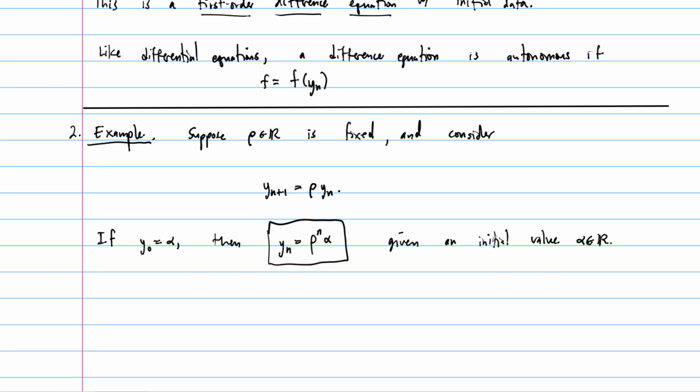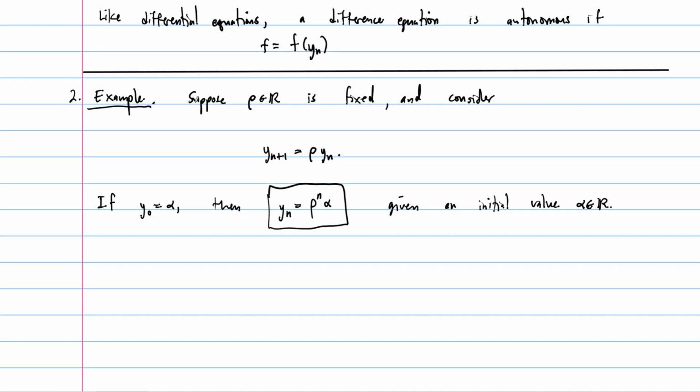You could consider these solutions to be general solutions, as a function of alpha, if alpha is allowed to vary, for different initial values. And we can then talk about the equilibrium solution. This difference equation has an equilibrium solution.